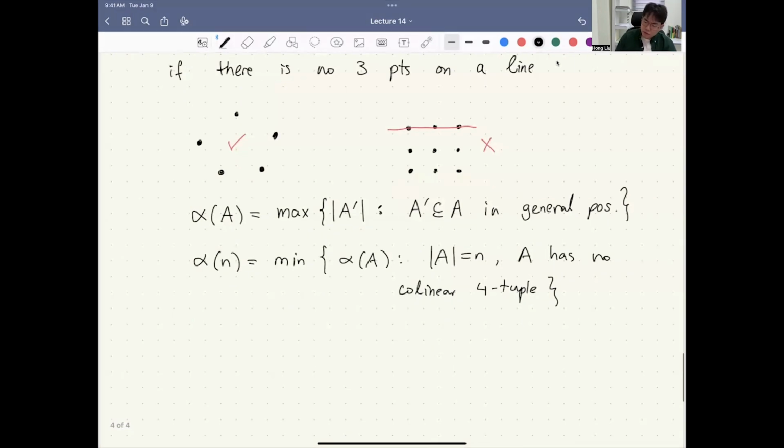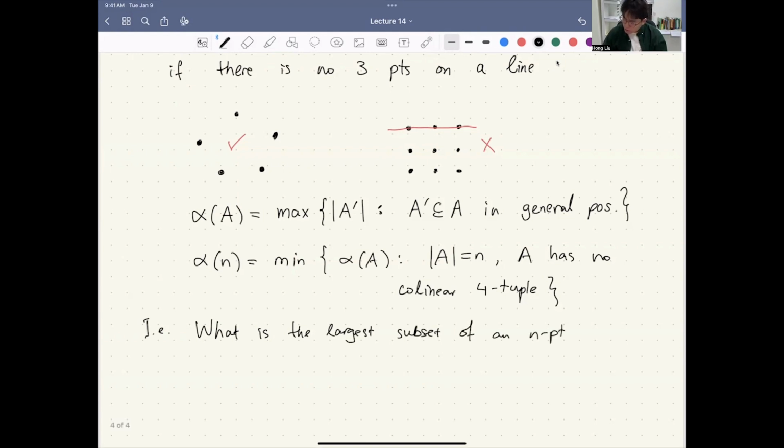In other words, what is the largest subset of an n-point set in the plane with no collinear 4-tuple that we can guarantee to find?